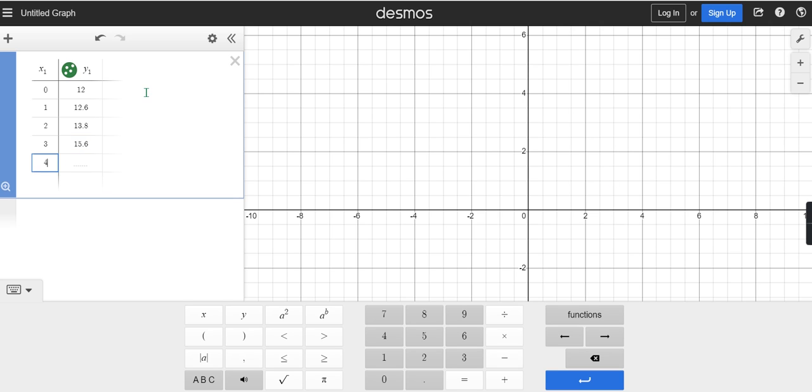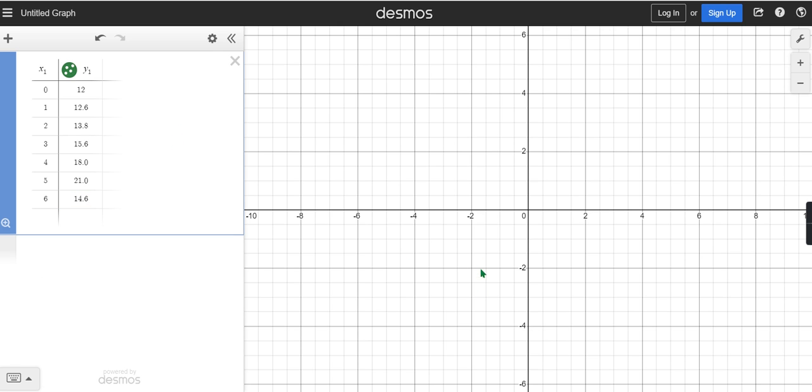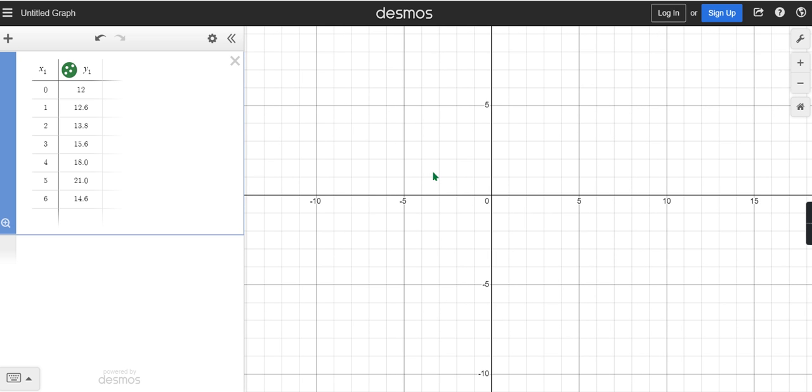And 4 is 18.0, and 5 is 21.0, and finally 6 is 24.6. Okay, and so I have this table, and we don't see anything on the grid. Well, that's because my y's only begin at 12 and then they go higher. So I can scroll, I can zoom in and out.